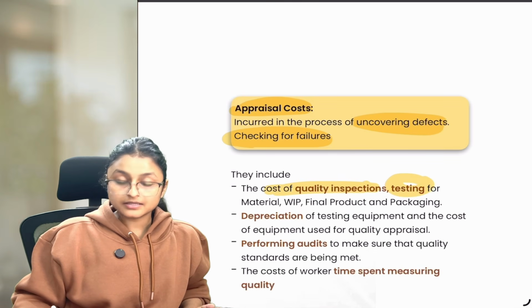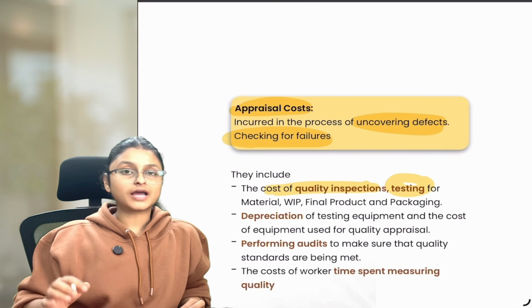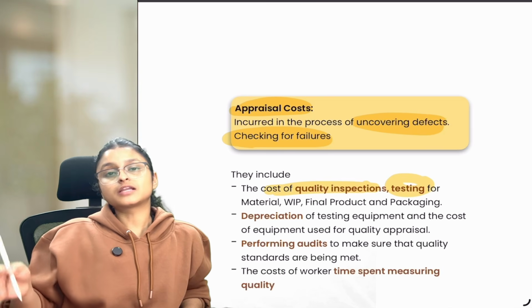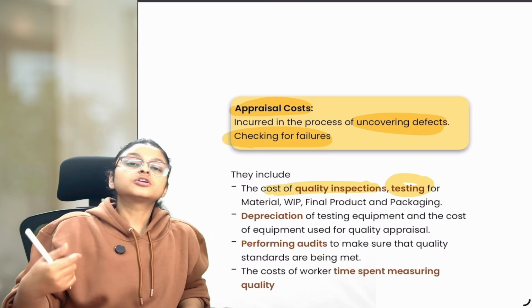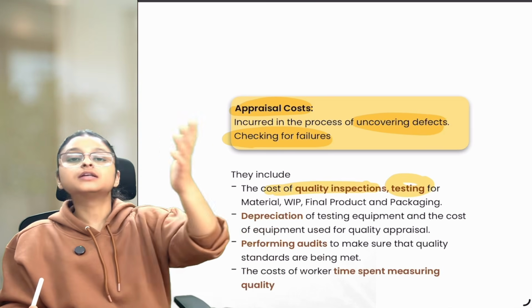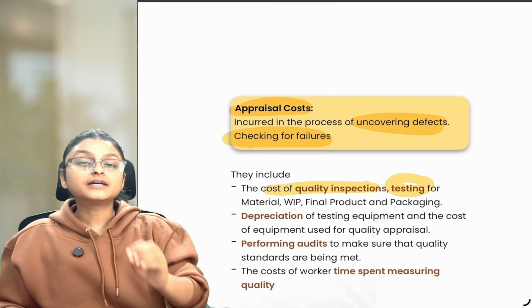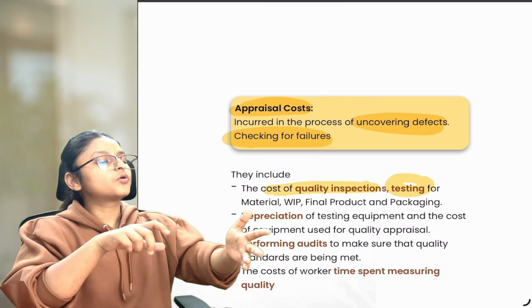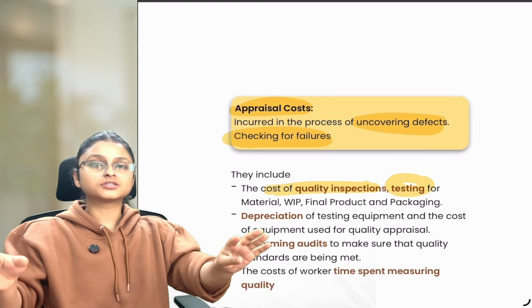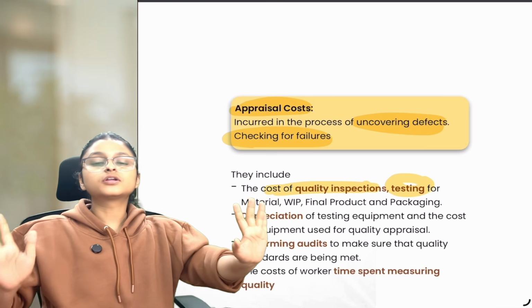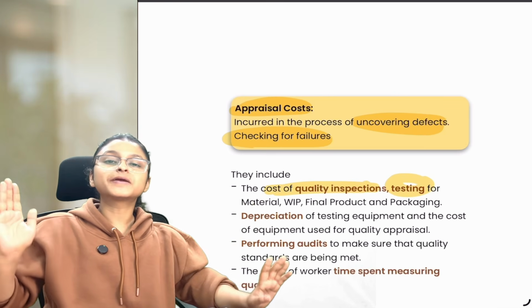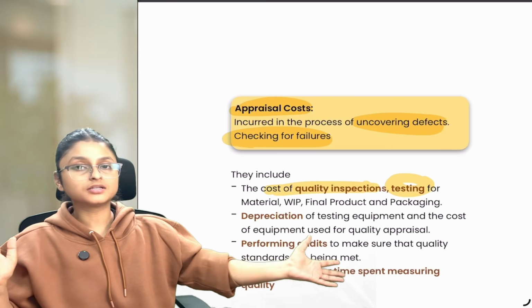Here, testing. Mainly we understood that this inspection is done for the final product, but the inspection can also be done for material and for work in progress. I understand that statistical quality control is checking after every process, but sometimes organizations, if they are using only inspection, first check the material.